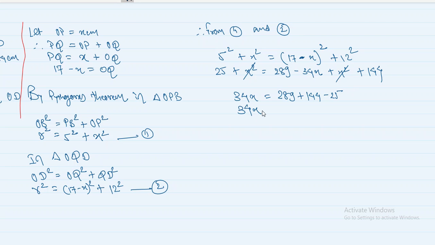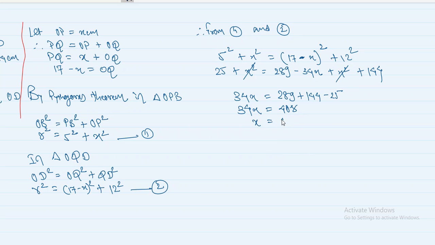So 34x is equal to 144 minus 25. Let's first add 289 plus 144. That's 433 minus 25, which is 408.